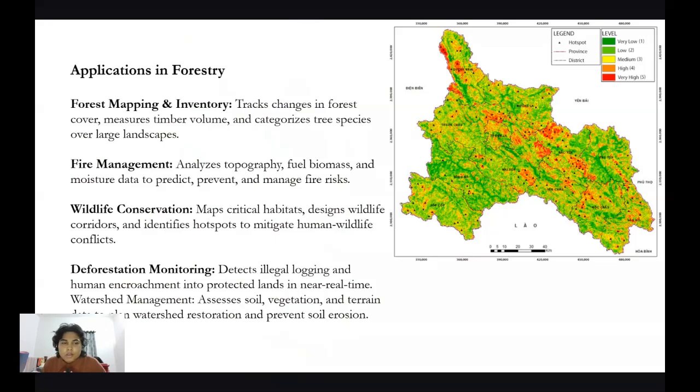All right. So the next thing that we're talking about is applications in forestry. Here again, as I told you, I will be discussing only the most important or mainstream applications of remote sensing and GIS, and discussing anything beyond this will be out of the scope of these classes.